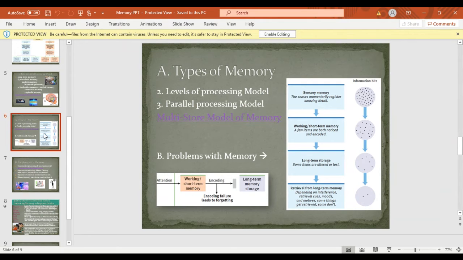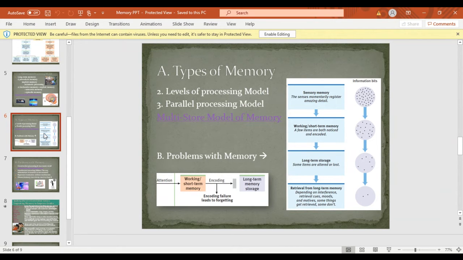And that's because when it hits working or short-term memory, only part of that experience is taken and encoded, just because we can only have a certain number of things rattling around in our head. We can't memorize the entire scene as much as we want to.